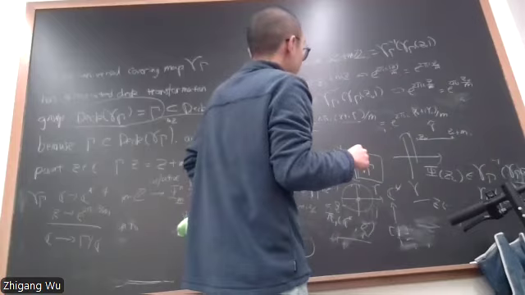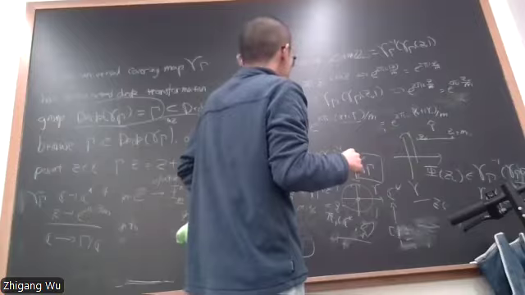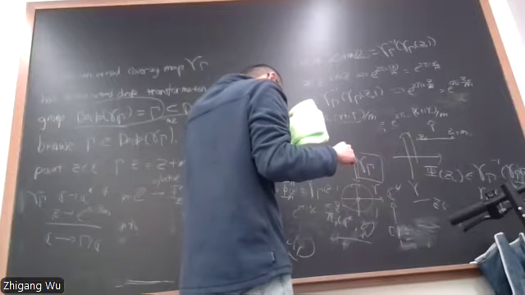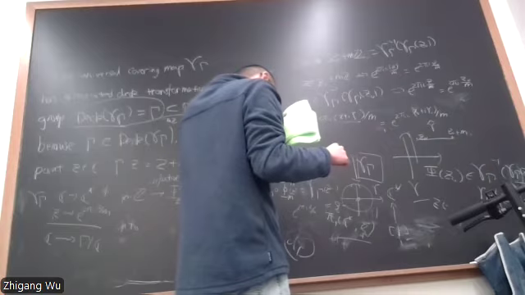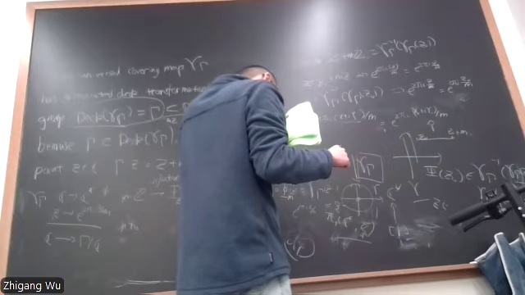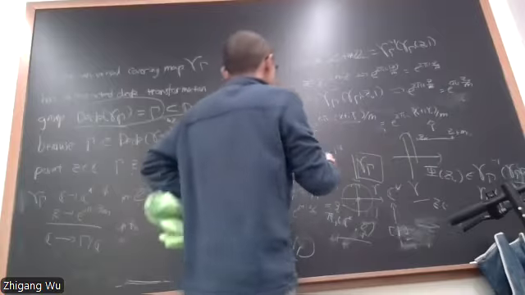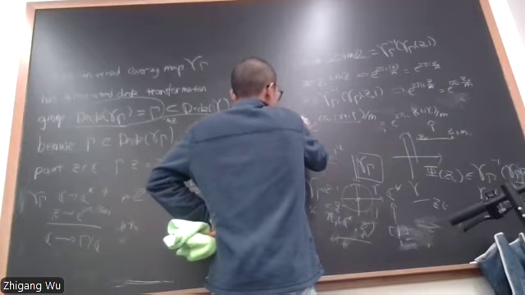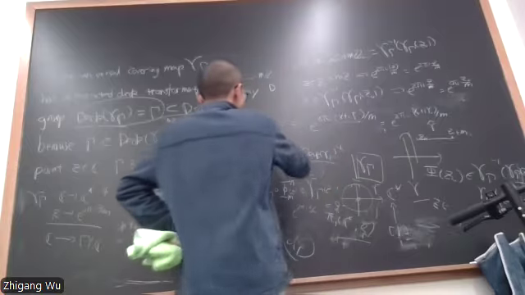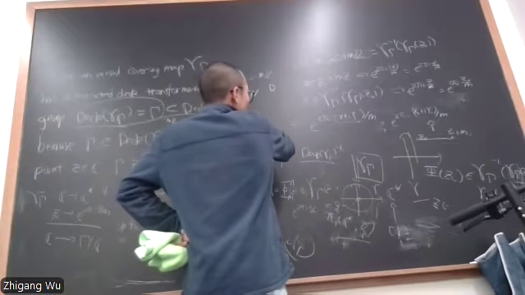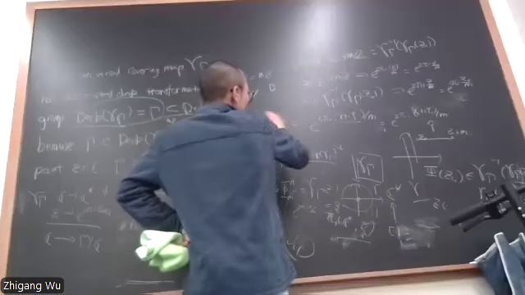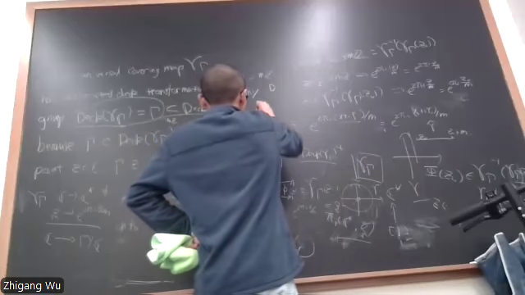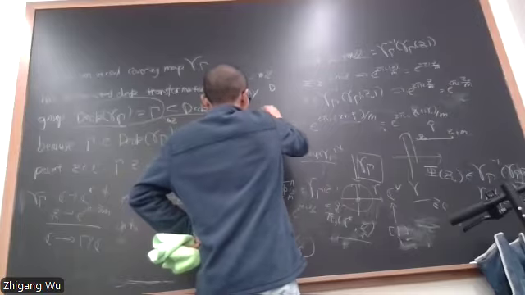times i y naught over m. So for the left hand side, this is equal to e to the 2 pi i x over m.